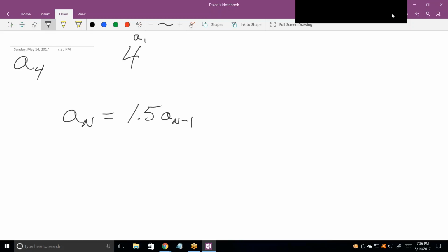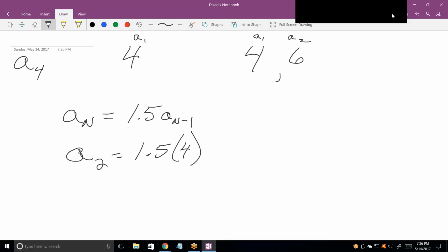Well, let's write out a couple of terms. We know the first term is 4. What's the second term? The second term would be 1.5 of 4. It's 1.5 times 4, right? Yeah. Okay, so the second term is 6. 6, yeah.